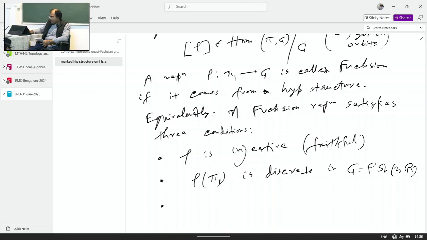And the third condition: rho is type preserving. What does it mean?